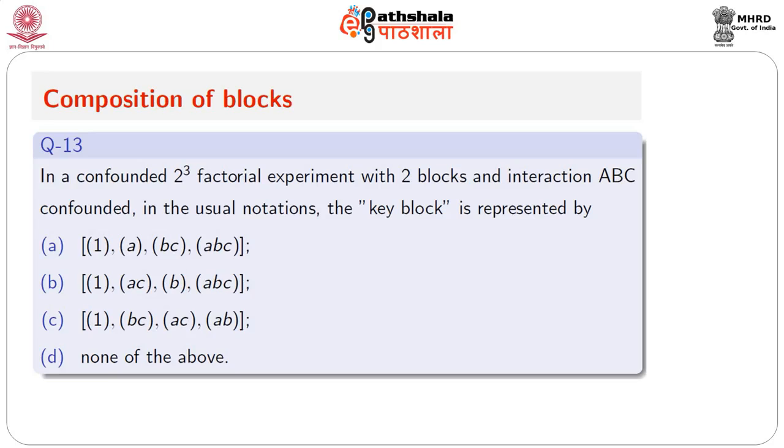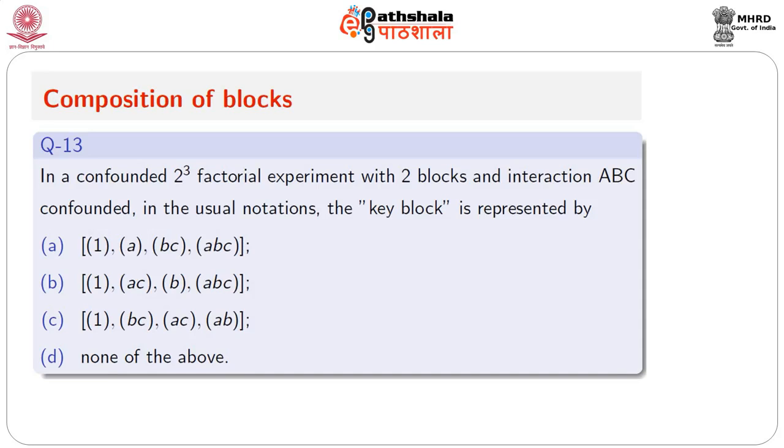The moment they say it is a confounded 2 cube factorial experiment with 2 blocks and interaction ABC confounded, immediately you know how the confounding has been done, because you are looking at A minus 1, B minus 1, C minus 1, and you are expanding it, and then you are getting 4 in one direction, 4 in another direction, and those are the 2 blocks used in the process of formation of the confounded experiment. The definition of key block is the one which includes 1.